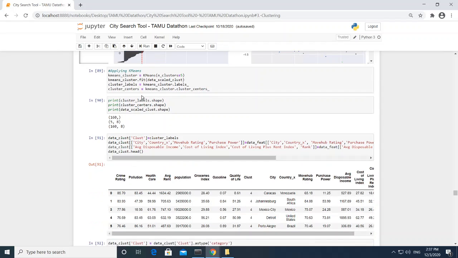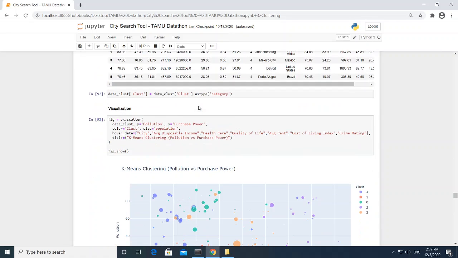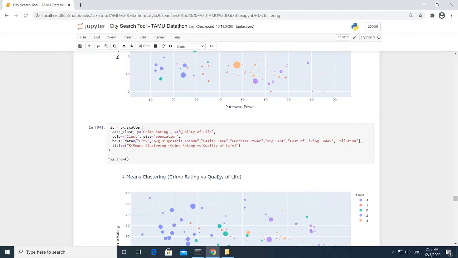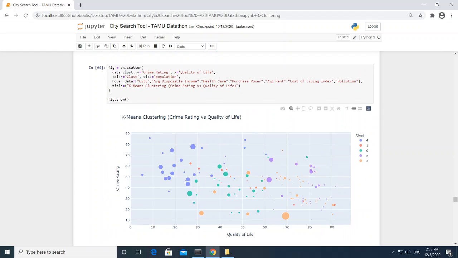So that's basically what we did. We applied 5 clusters for this type of data, and then we decided to plot our results using different predictors just to see if we could find any pattern.